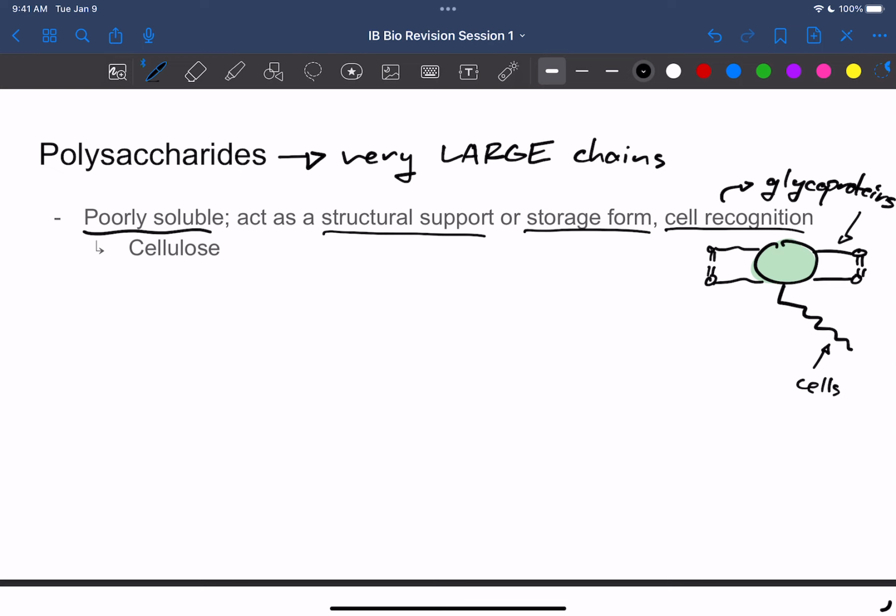But anywho, one example we're going to get into is cellulose. So what does cellulose look like? Well, it's made of glucose.